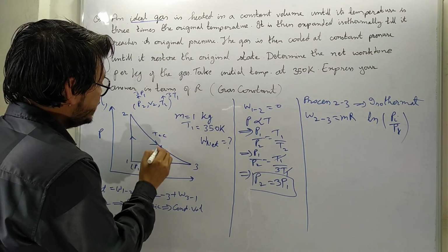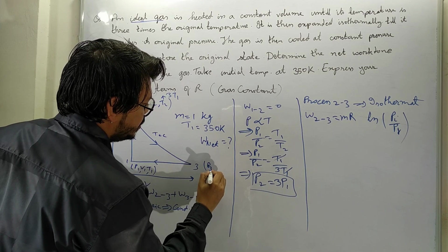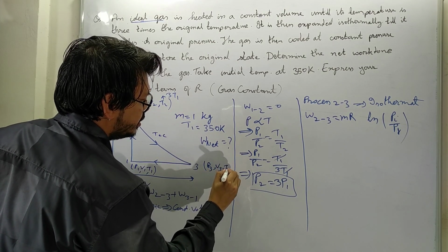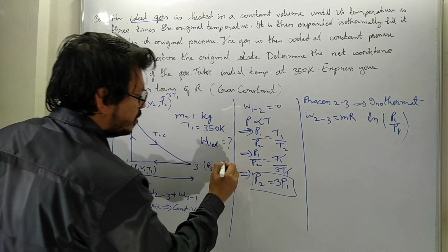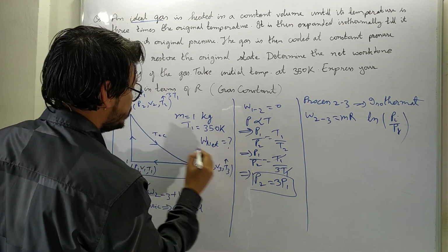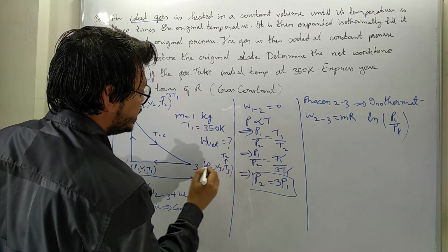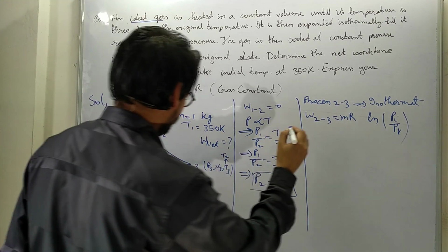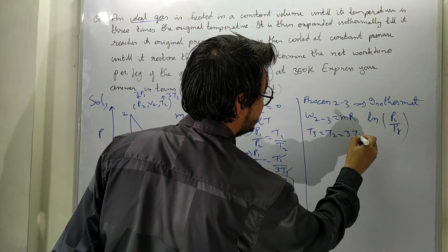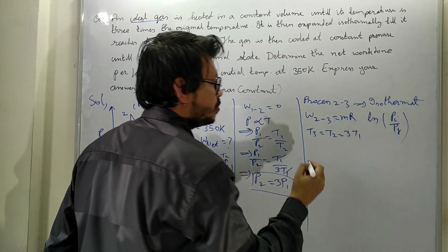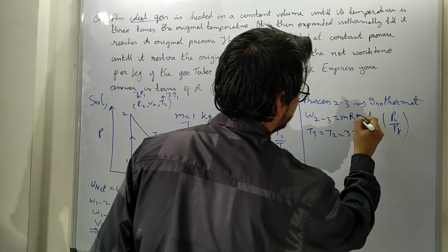As it is isothermal, T is constant. Since the process 2 to 3 is isothermal, the value of T3 is equal to the value of T2, and we know that T2 is equal to 3 times T1. So T3 is equal to T2 is equal to 3 times T1. We can put here mRT3.